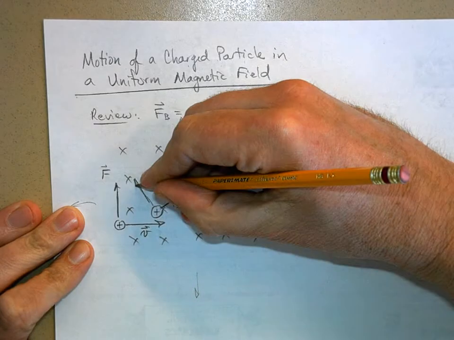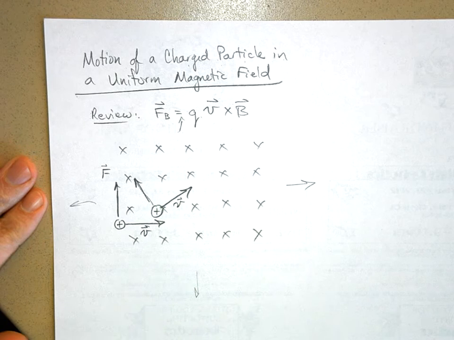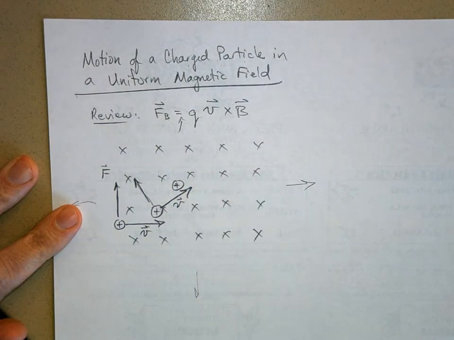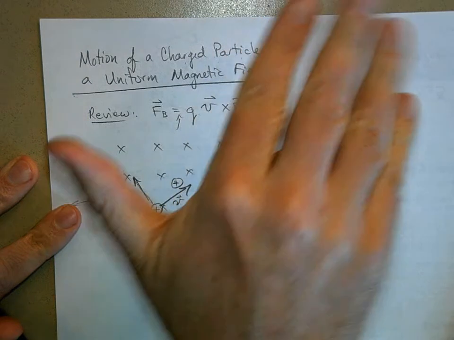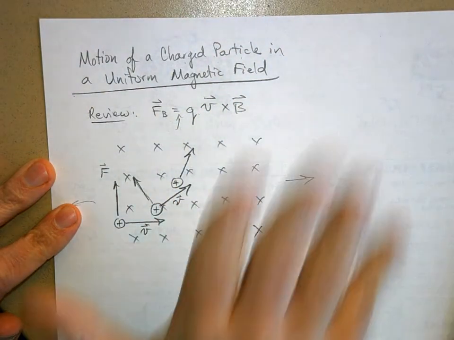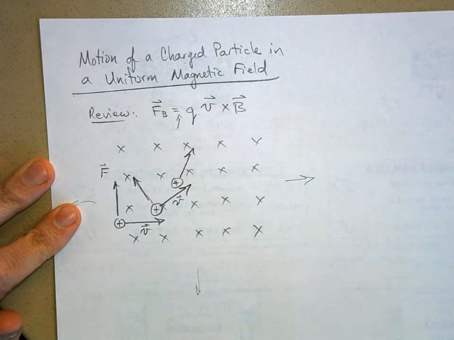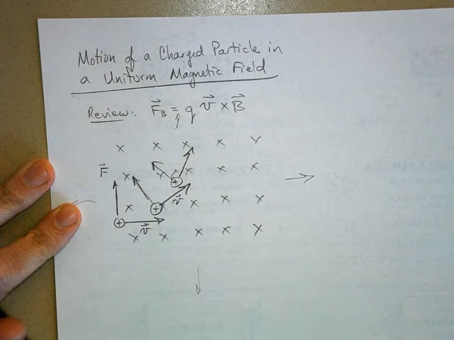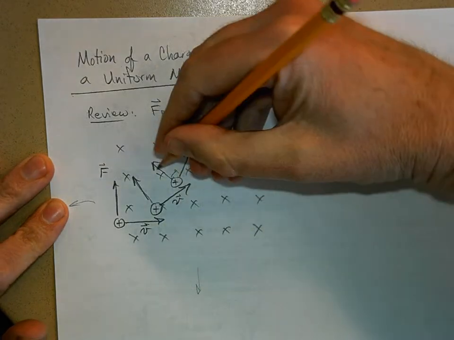And then it's going to be over here, with the velocity like this, same velocity, V cross B. Oh, it looks like that, doesn't it? I think you can see what's happening here. Can you? Despite my lousy drawing?